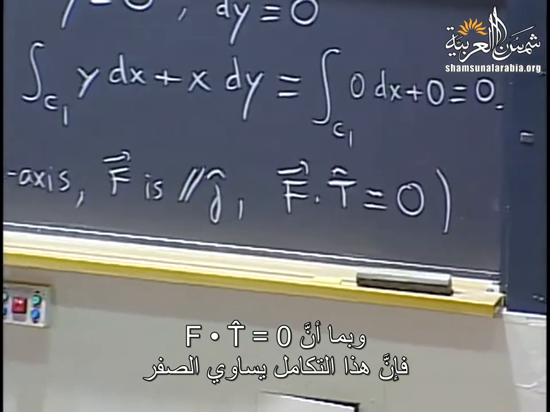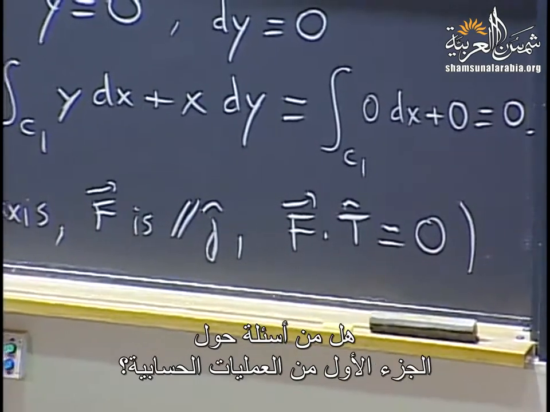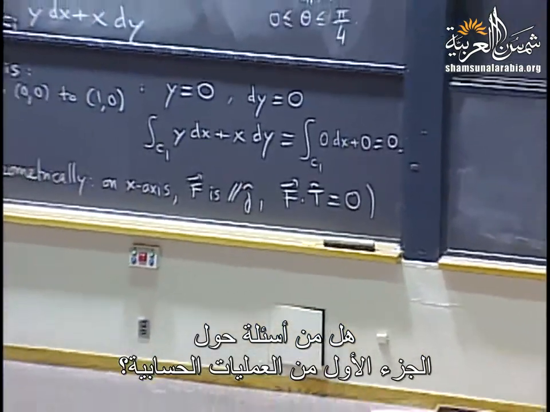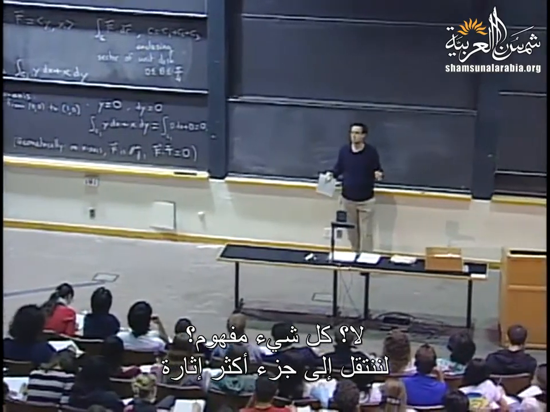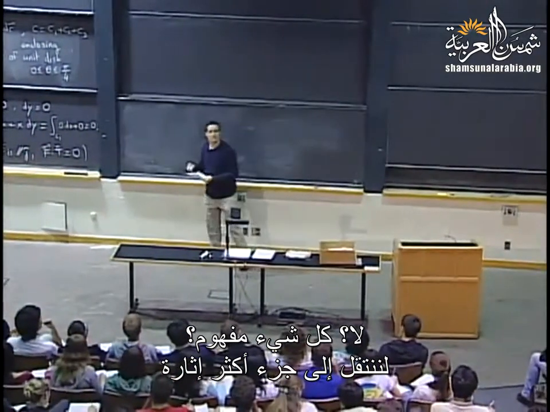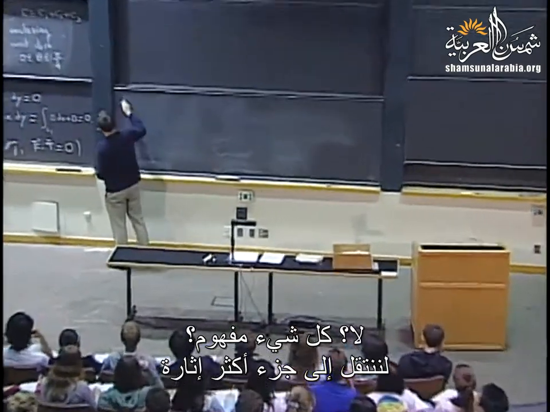So F dot T is 0, so the integral is 0. Okay, any questions about this first part of the calculation? No? It's okay? Okay, let's move on to a more interesting part of it.